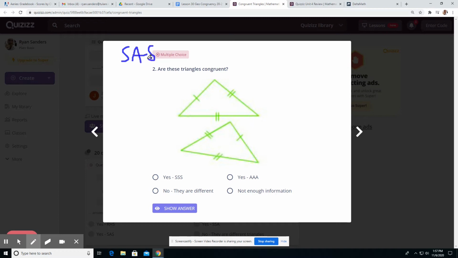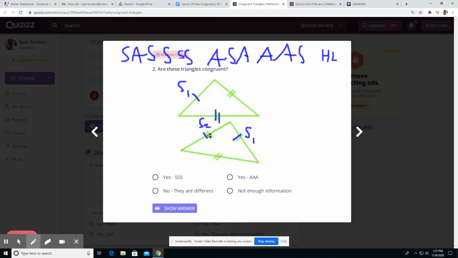Side, angle, side, side, side, side, angle, side, angle, angle, angle, side, hypotenuse, leg. All right. So side 1, one tick, one tick, side 1, two ticks, side 2, two ticks, side 2.